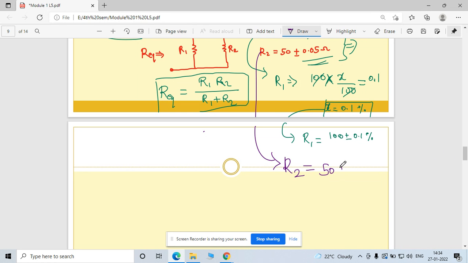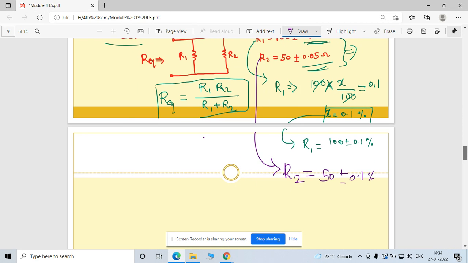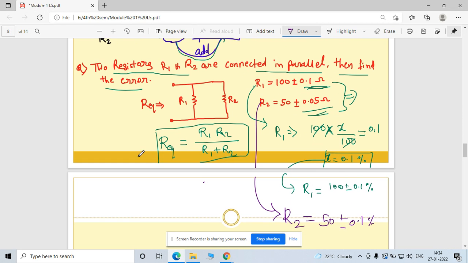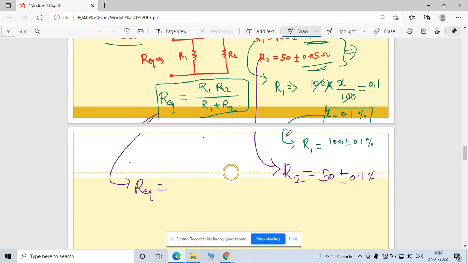Now, put that value in this equation and find out this R equivalent. Simple.